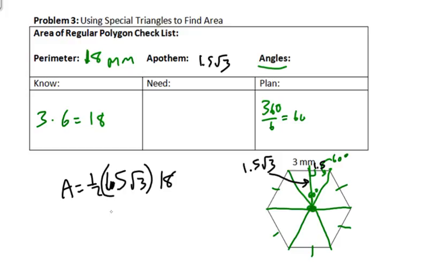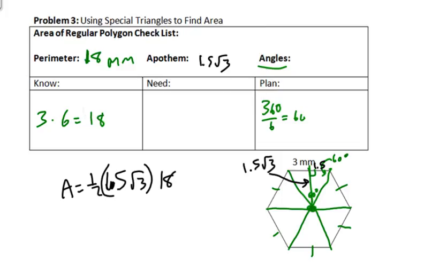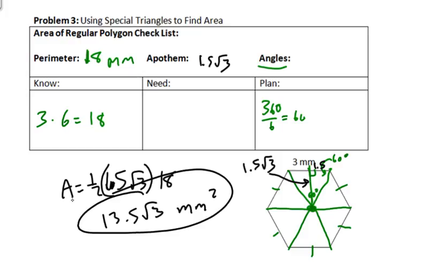So, simplify that, I get 9 times 1.5, 13.5 square root of 3 millimeters squared. And again, if you would like to use your calculator to figure out what that would be in a decimal, you can round it. It just wouldn't be quite exact, but it'll give you a better idea as to what it is.